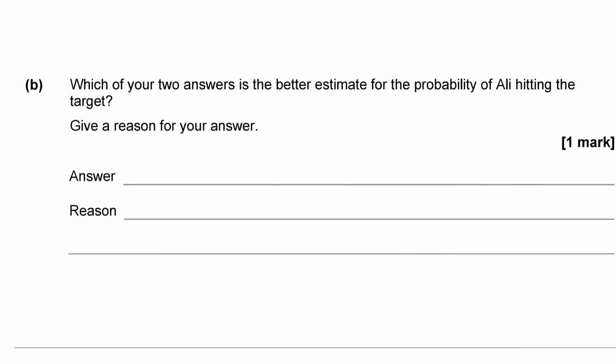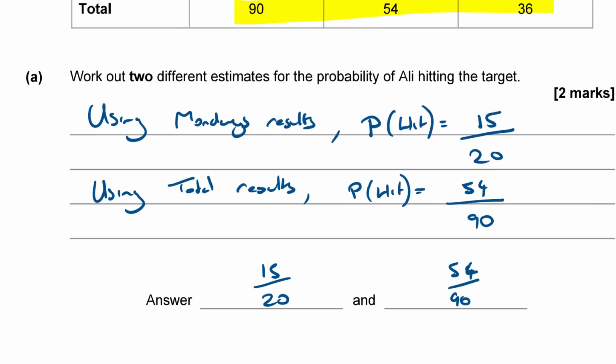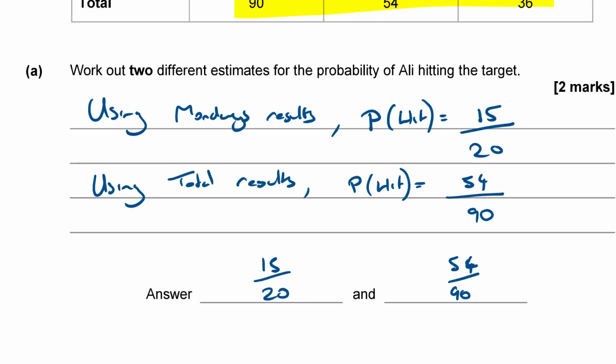7b. Which of your two answers is the better estimate for the probability of Ali hitting the target? Give a reason for your answer. Okay, well, I think using the total results, as I say earlier, would be the best because it's got the most amount of results.